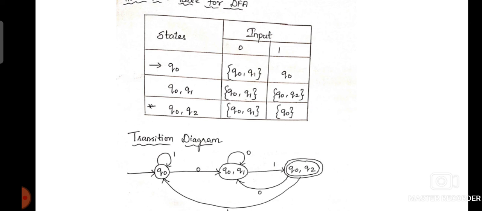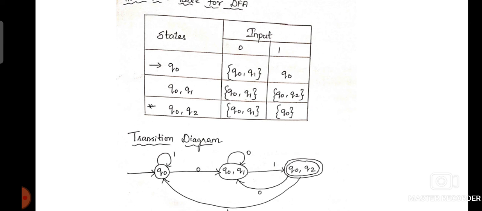Then we have to apply the necessary edges from the table, like Q0 having a self loop with the symbol 1, and Q0 having an edge to the next state with the label 0. And when we apply 0 to Q0 comma Q2, we get the state Q0 comma Q1.